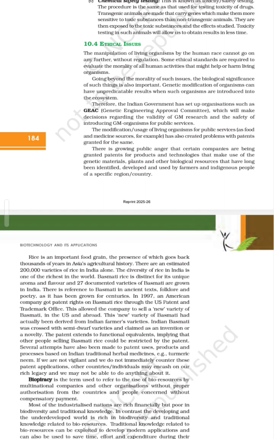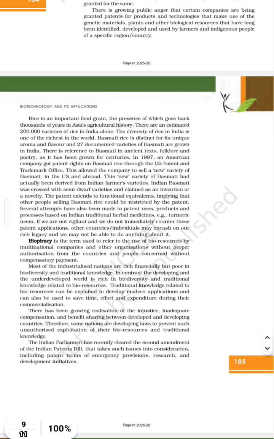From here, then again, you need to come to rice. Yes, rice. There are estimated, from here, you need to study up to India. There are estimated thousands of years in Asia's agriculture history.